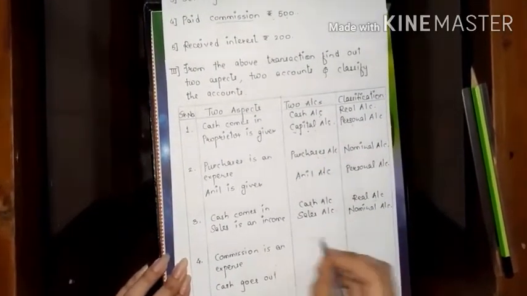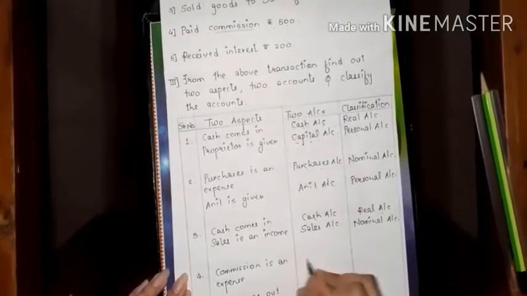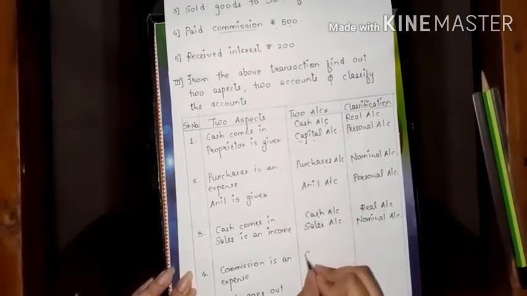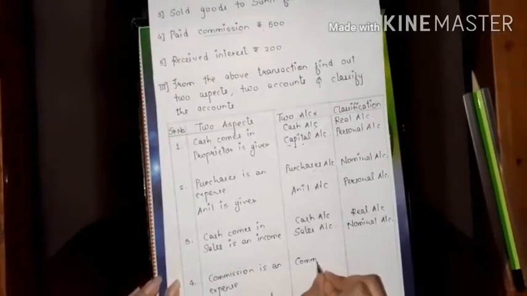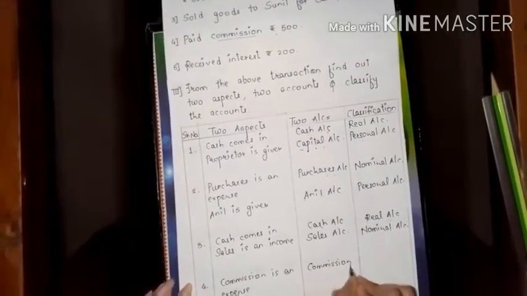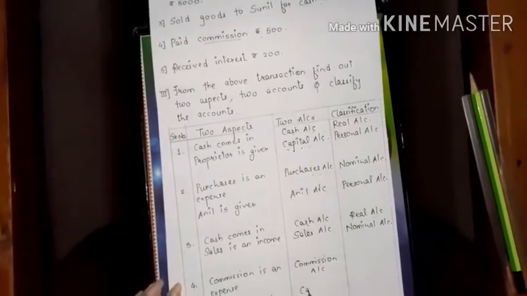These are the two aspects. Now we have seen the accounts of these two aspects. Commission account is the first account and cash account is the another account.